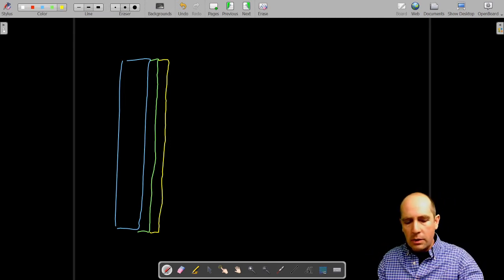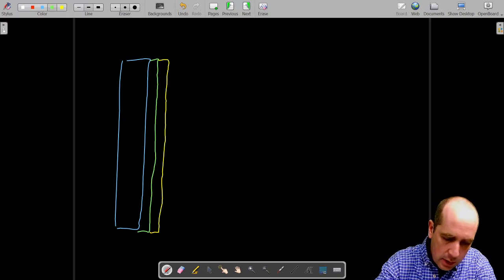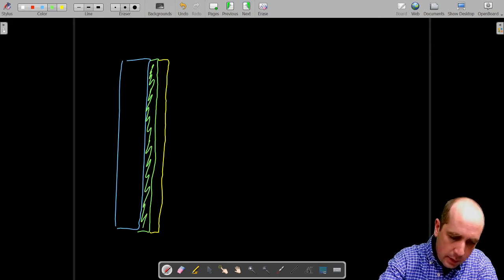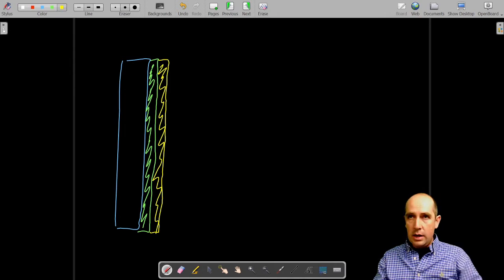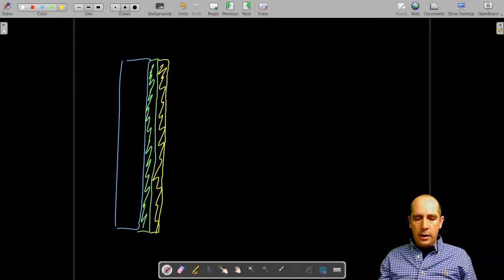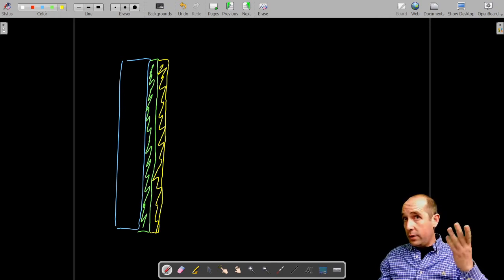If all these layers are silicon, but the green one here is for example N doped, and the yellow one here is P doped, then we create a big diode that can be as big as a full wafer, for example.